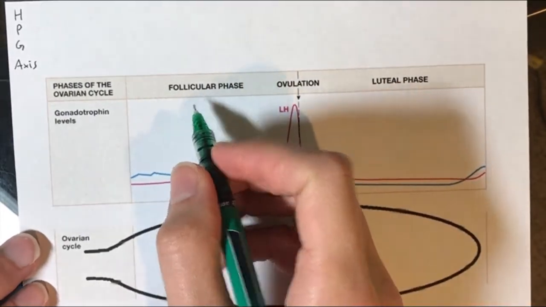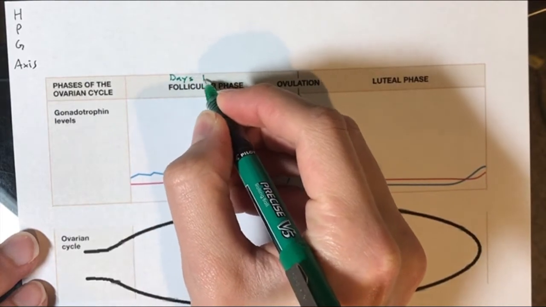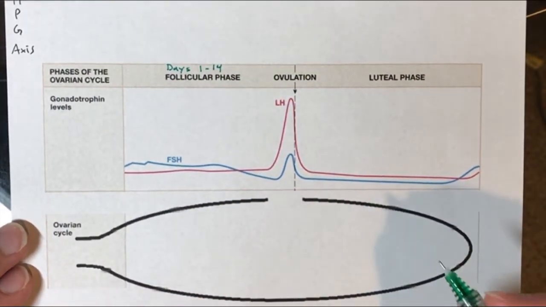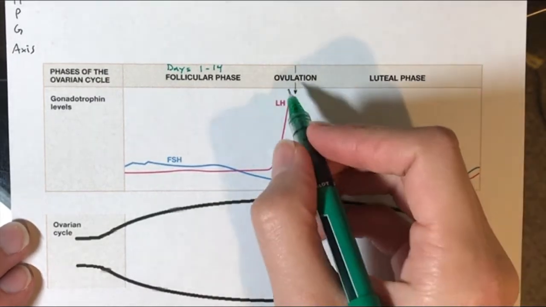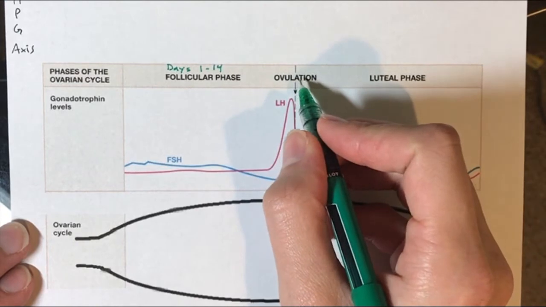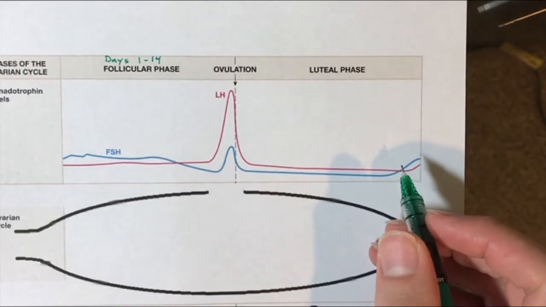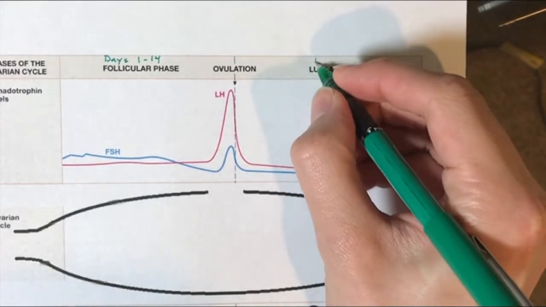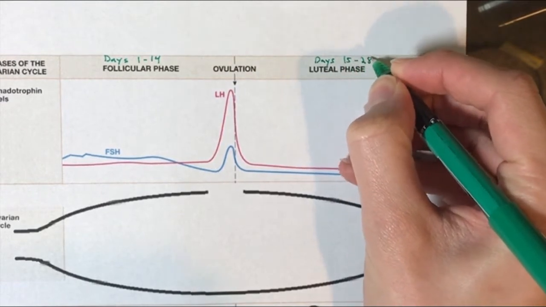So the follicular phase is going to be days 1 through 14, roughly, of the menstrual cycle. Then ovulation is at the end of day 14 or on day 14. And then the luteal phase will be days 15 to 28.